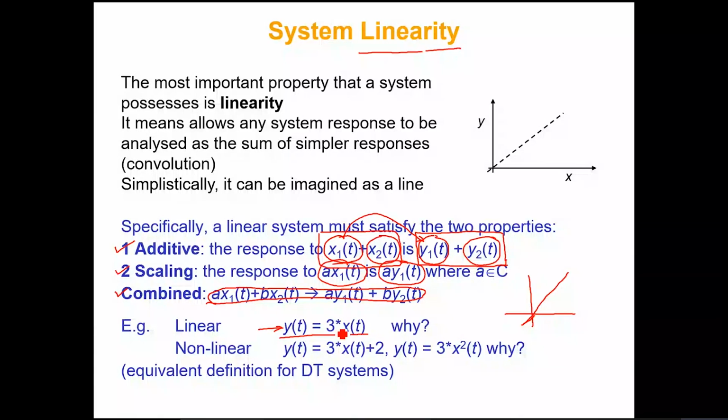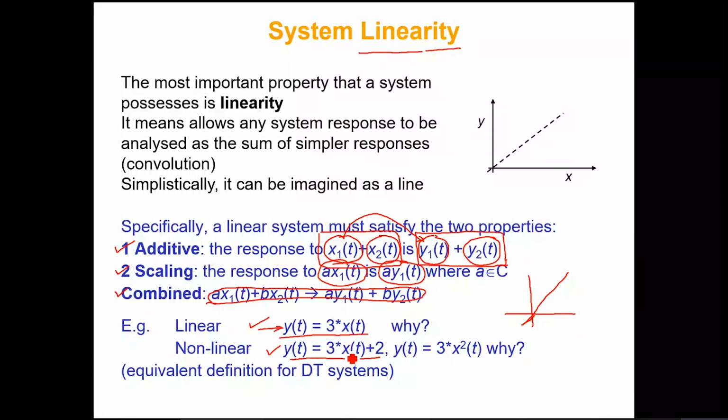Typically, the mistake engineers make is that they think like mathematicians and see the equation, and if they see the equation of a straight line, they think it will be a linear system. This is not always true. In this case, it is true. It will be a linear system. But the second equation is also the equation of a straight line, yet it does not represent a linear system.